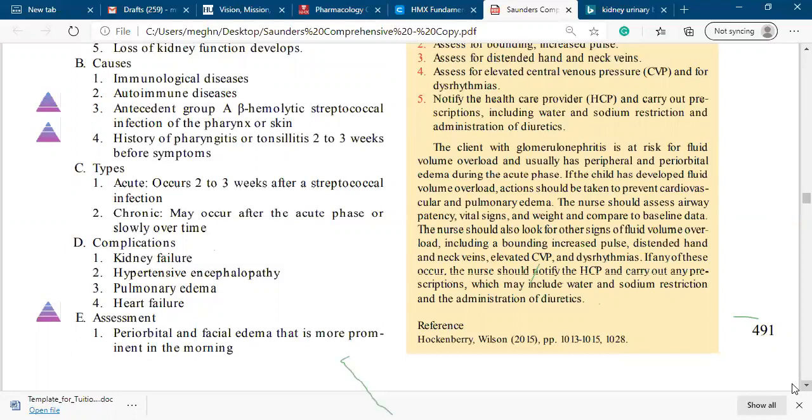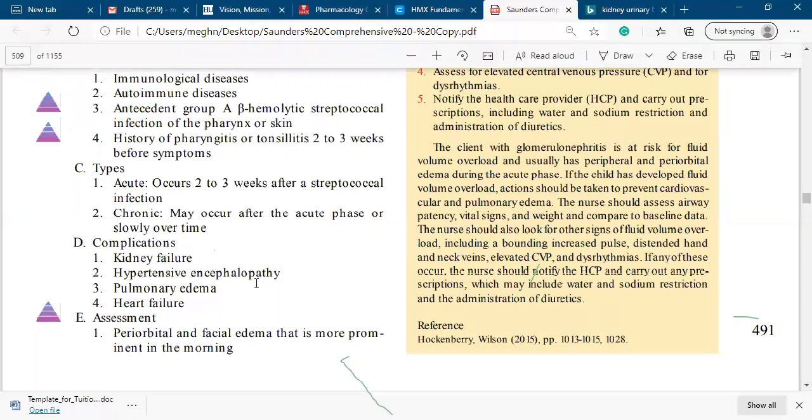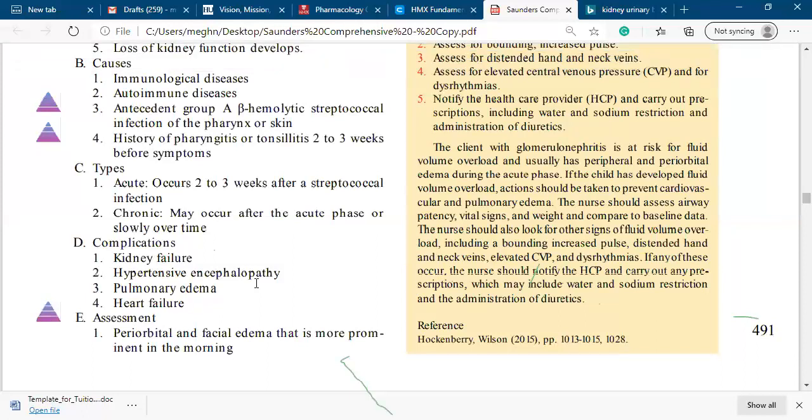What are the complications? One is kidney function failure or kidney failure, or hypertensive encephalopathy. What does it mean? If my kidney does not work, the waste product accumulates in the body. This waste product is actually a nitrogen-containing substance. This waste product increases in the body, passes through the blood and attacks the brain, and the patient has confusion because of azotemia.